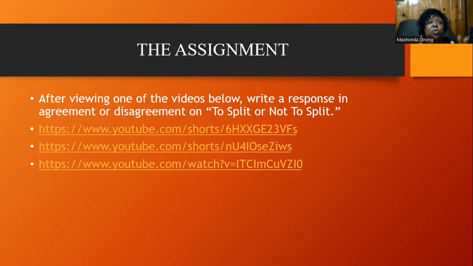He gives the historical context of splitting the infinitive, and he states in the video that splitting the infinitive is not based on English at all, but it is actually based on Latin. And he gives reasons as to why. He also lists prominent authors who split infinitives.